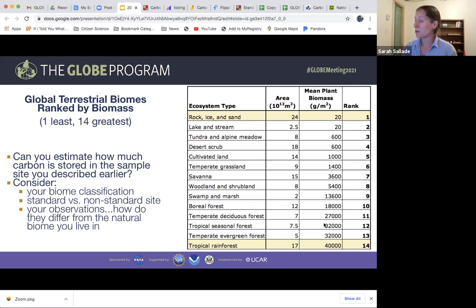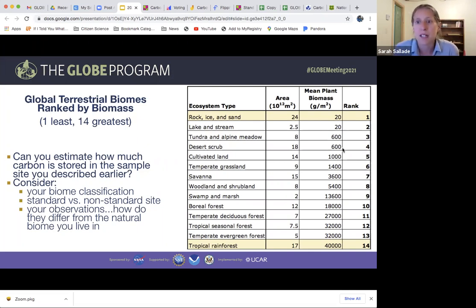And then those of you who guessed rock, ice, and sand, you're right on the money. Only 20 grams per meter squared of biomass. Interestingly enough, compared to that desert area, or even the low tundra, which both have 600 grams per meter squared.